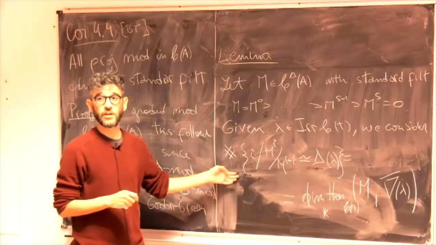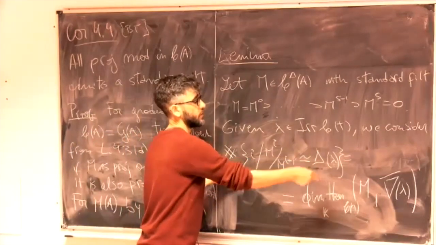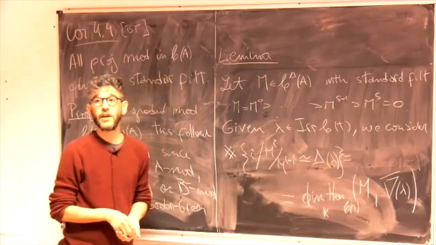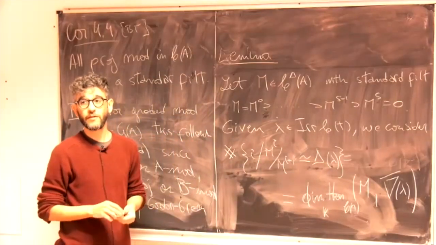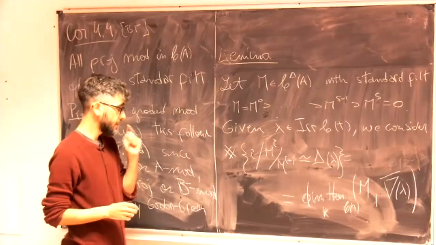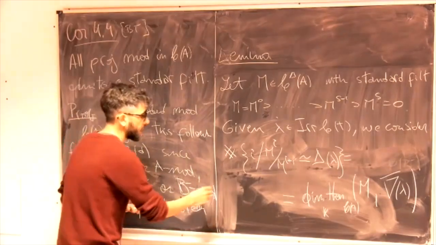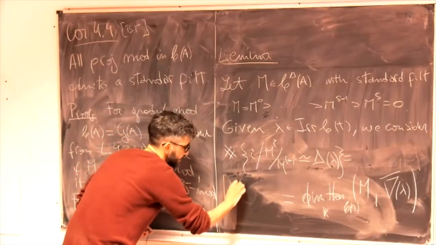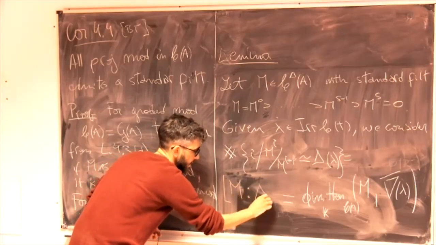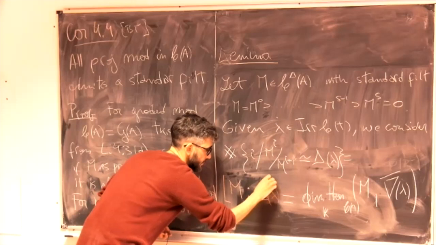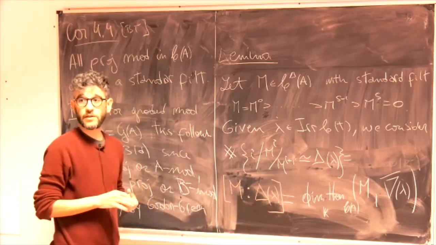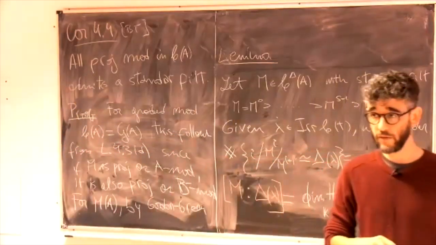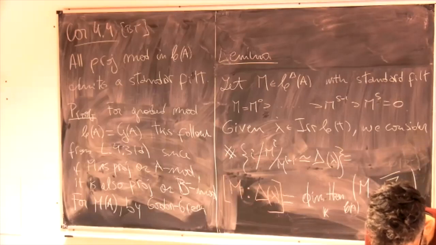The number of subquotients isomorphic to each Delta lambda will be equal for any standard filtration that we take. So we will denote this number in this way, m Delta lambda. This is similar to the composition factor when you take simple modules.